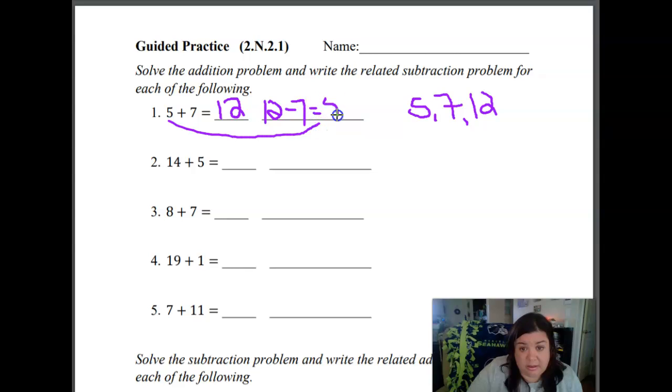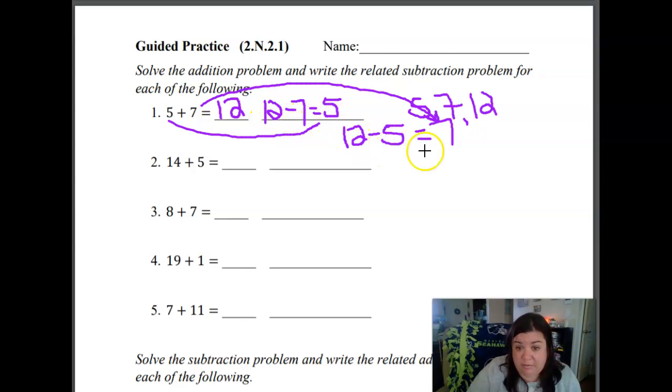Okay. Now, what if we wrote 12 minus 5? What's the answer going to be? Still, we're only working with 3 numbers. So that's our fact family. So the answer would be 12. Then 12 minus 7 equals 5, and 12 minus 5 equals 7.